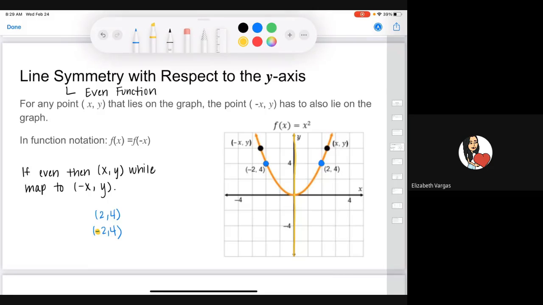X becomes negative. And because x becomes negative and the y stays the same, we know we have an even function. So if even, then x will become negative and our y's will stay the same. Okay, so that's how we're going to be able to differentiate between an even and later we'll see an odd.